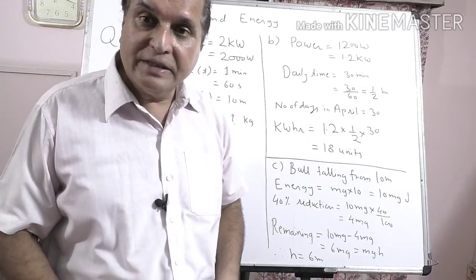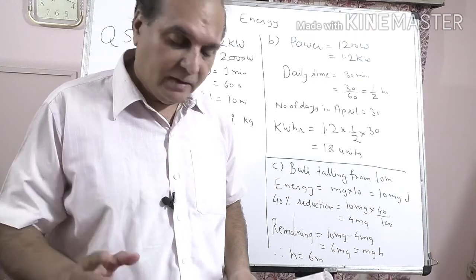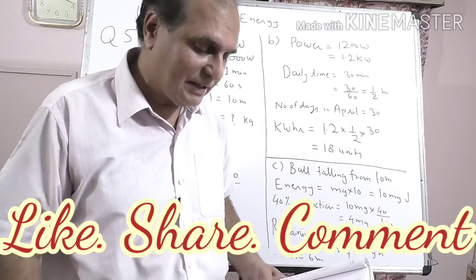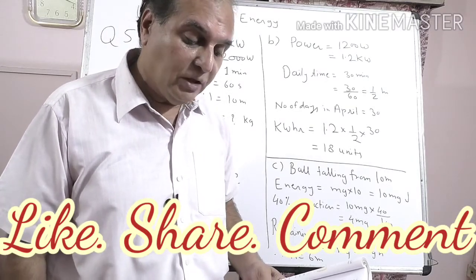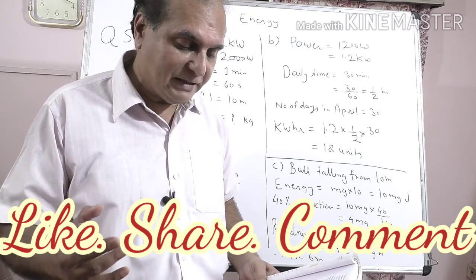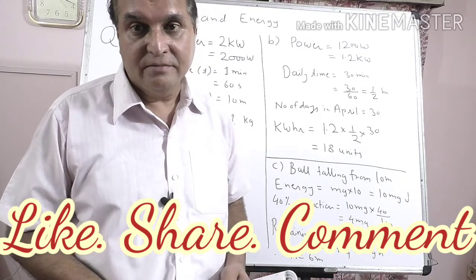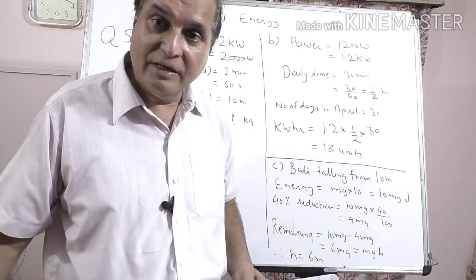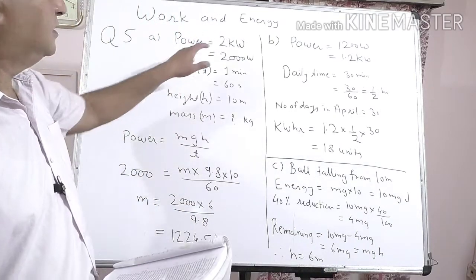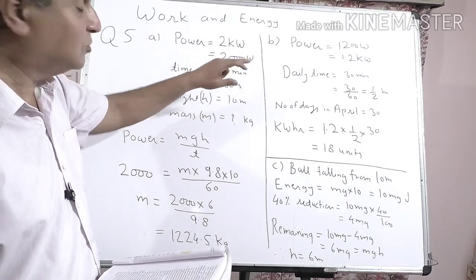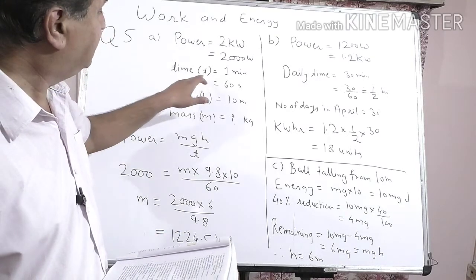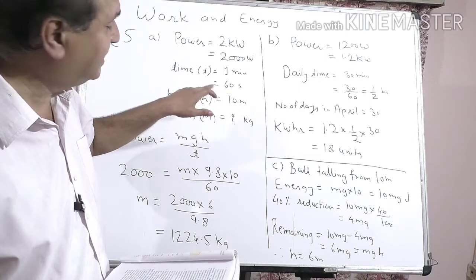Question 5, first sum. A. An electric pump, we lift water upward. 2 kilowatt power. How much water will the pump lift every minute to a height of 10 meter? First we will write the data. Pump has power 2 kilowatt. Not SI unit, so 2000 watt. Time 1 minute, not SI unit, so 60 seconds.